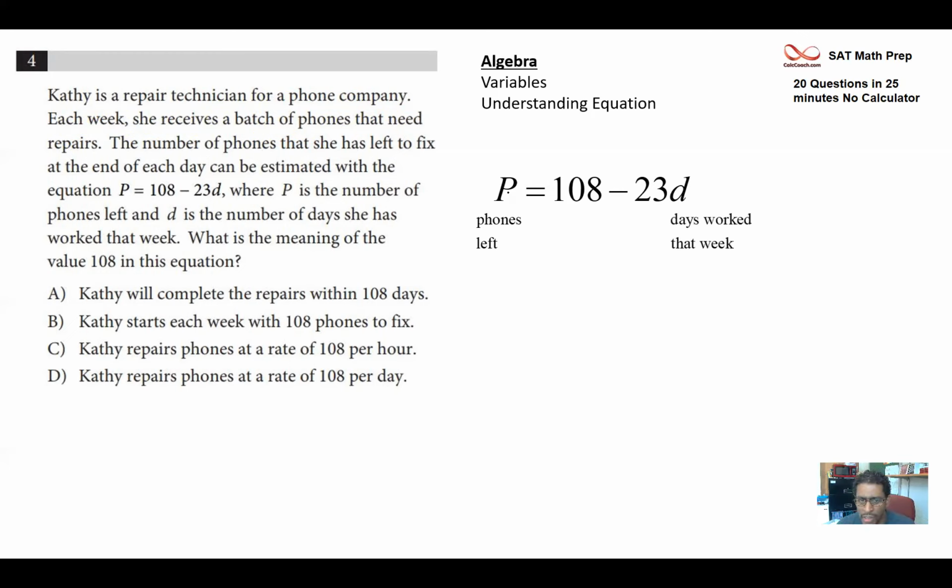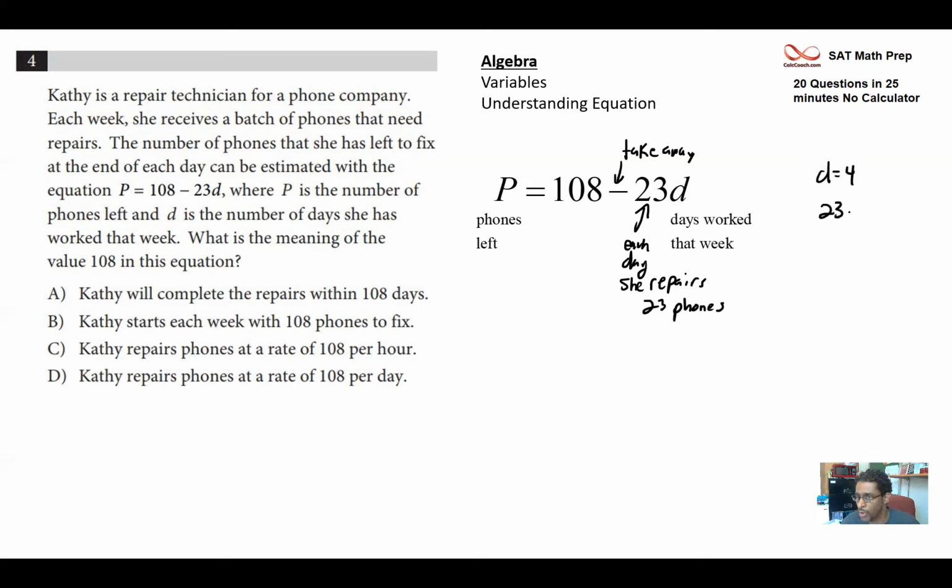So this expression gives us the number of phones she has left. So she has 108, and we take away from the 108, 23 for each day she's worked. So this is basically each day she does 23 phones. Each day she repairs 23 phones. Let's say she's worked for 4 days, if D is equal to 4.